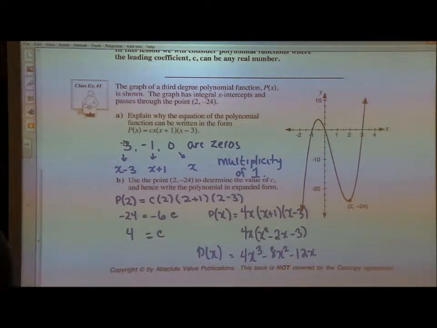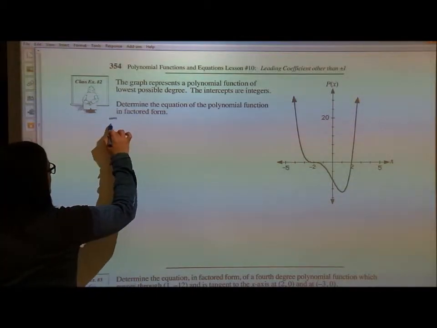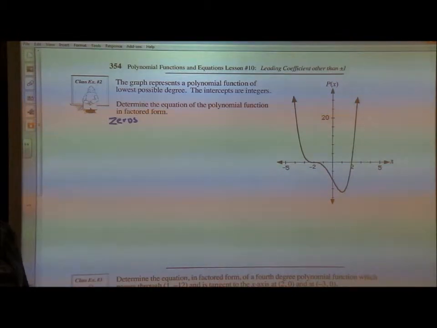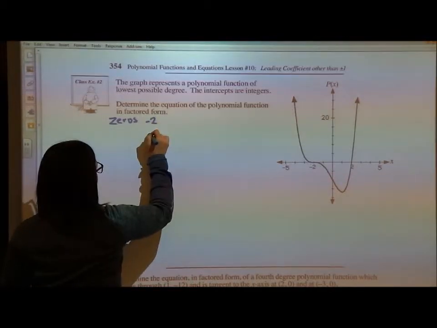So if I look at class example number 2, the graph represents a polynomial function of the lowest possible degree. The intercepts are integers. Determine the equation of the polynomial function in factored form. So what are my zeros? Negative 2 and 2. Okay.